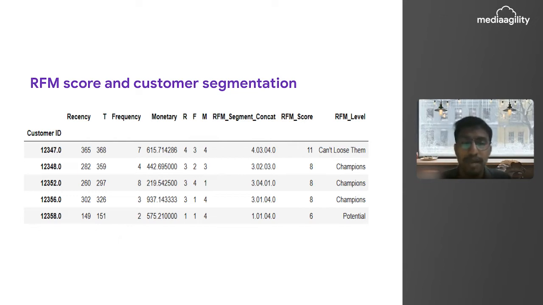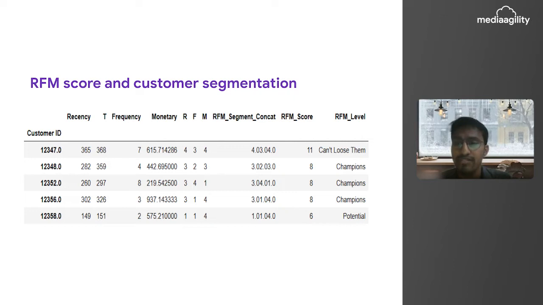We put some parameters, and we split them into a 1 to 5 range, and here the RFM value is there. And one more important column is the RFM score. So the RFM score is basically nothing but the addition of R plus F plus M.